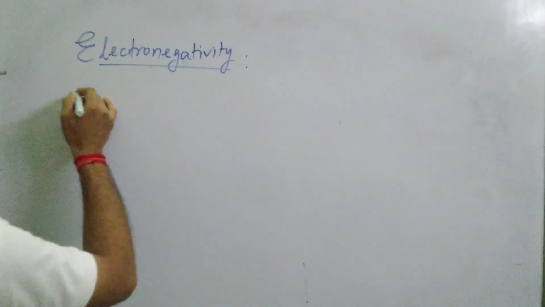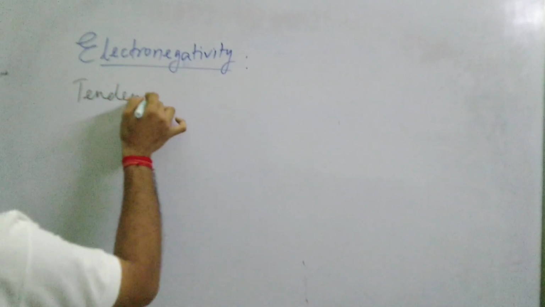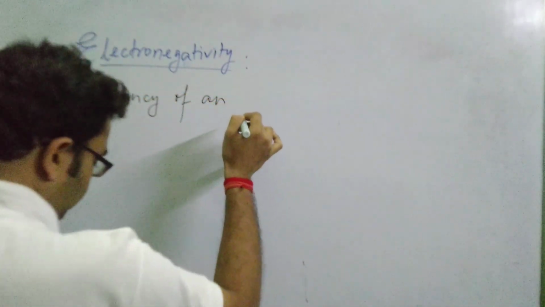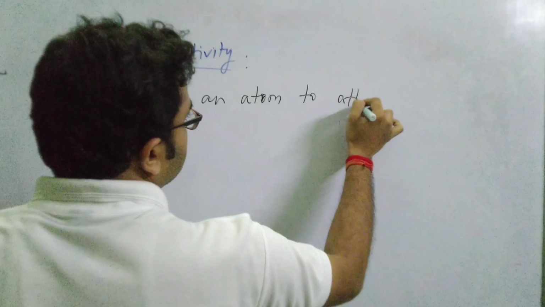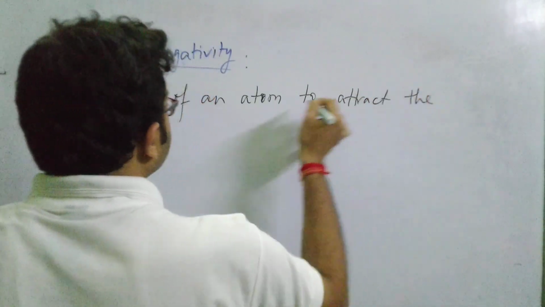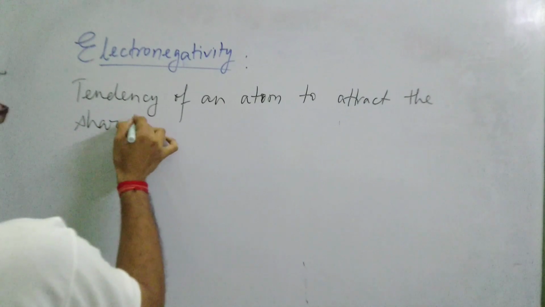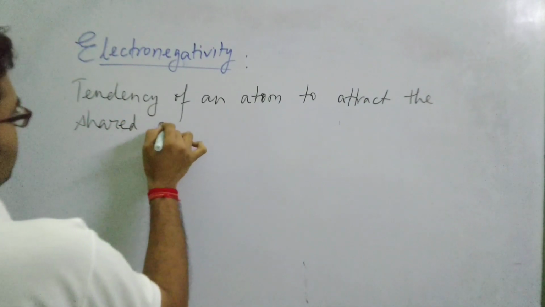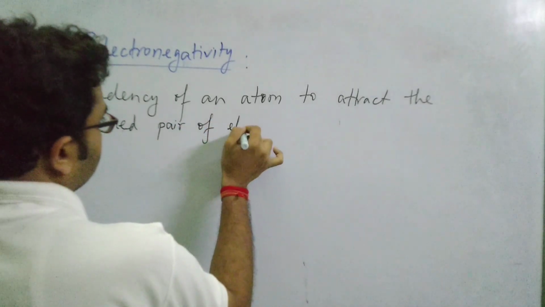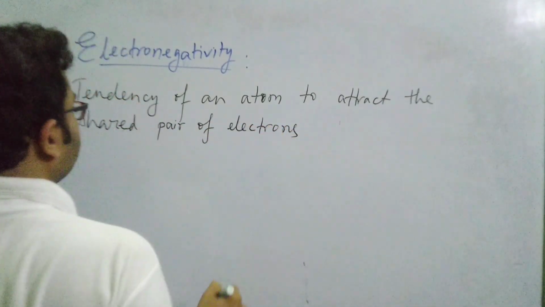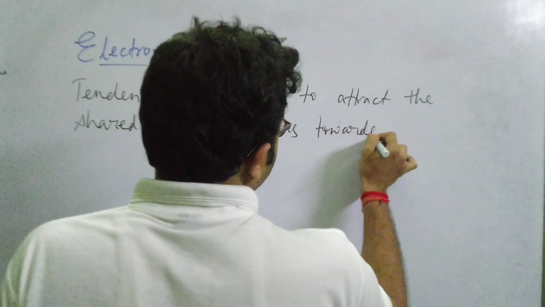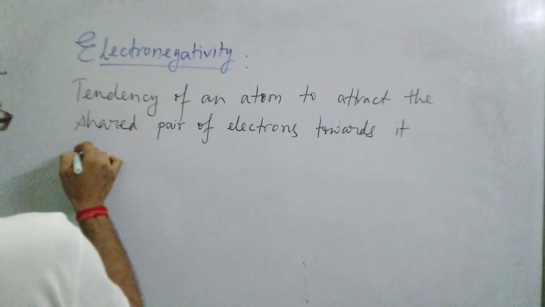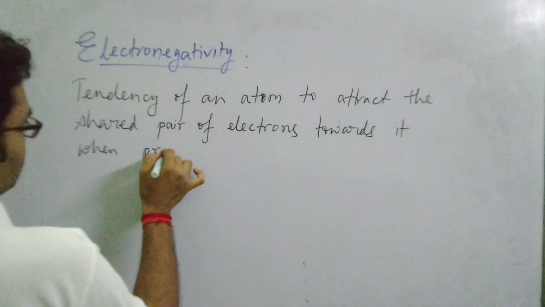In simple words, we can say that this term can be defined as the tendency of an atom to attract the shared pair of electrons towards it when present in a molecule.